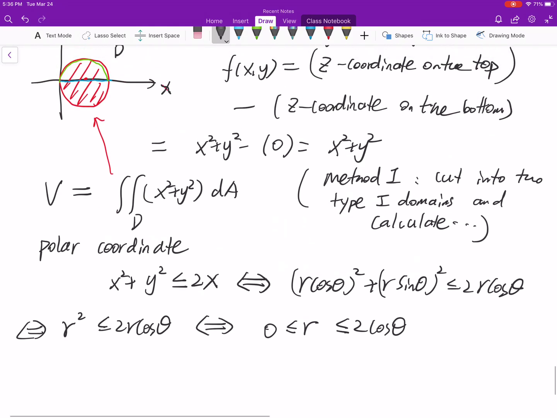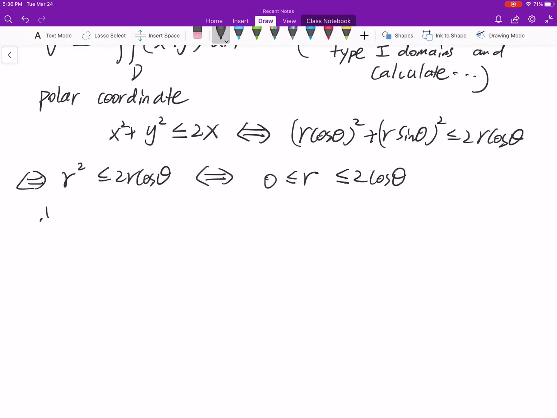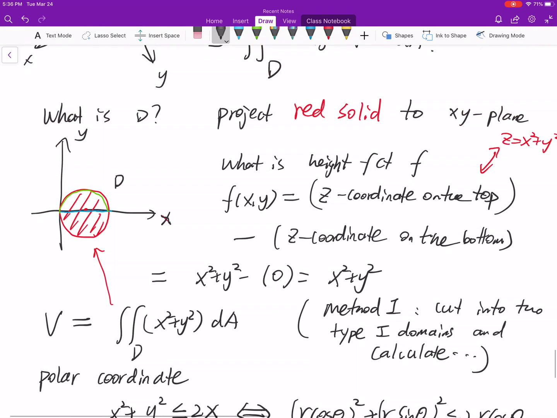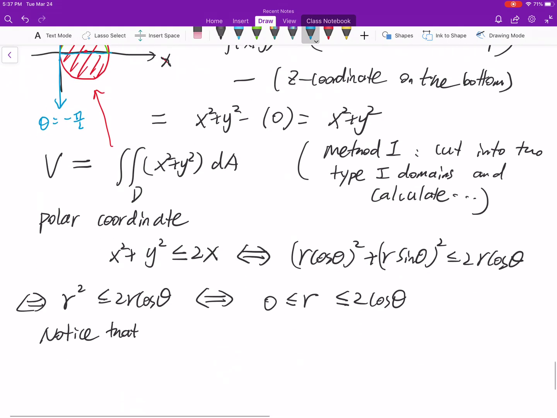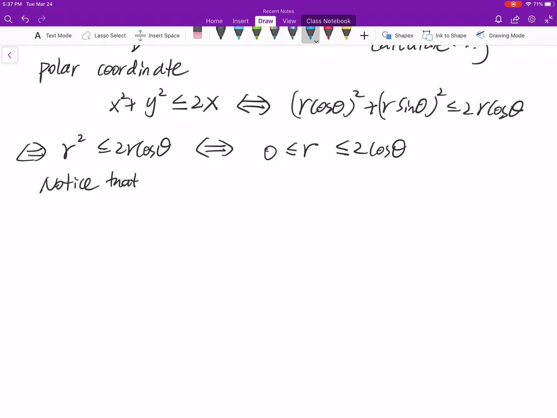And notice that here you have some region for your angle theta. So the angle theta will be between negative pi over 2 and pi over 2 from the picture.